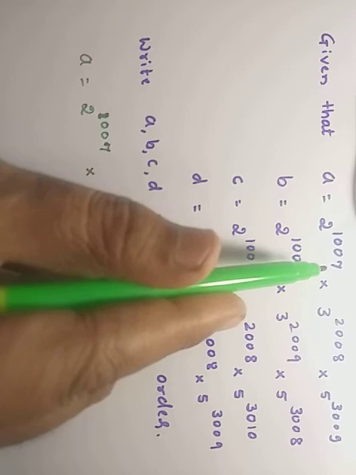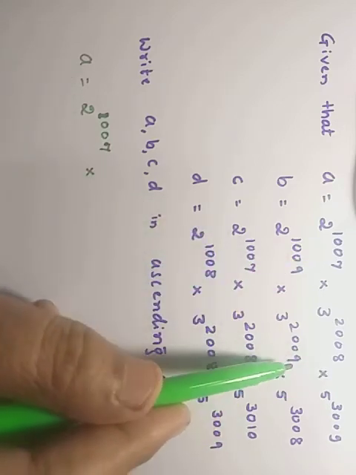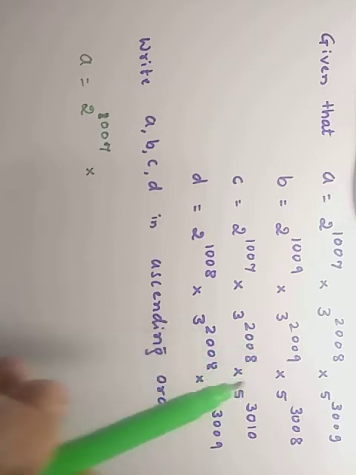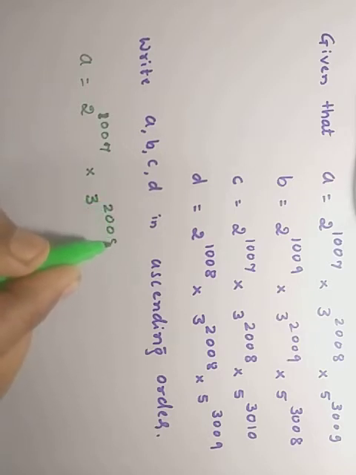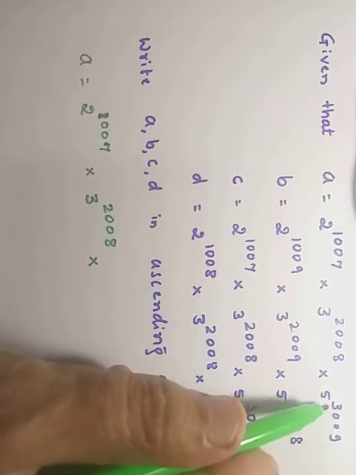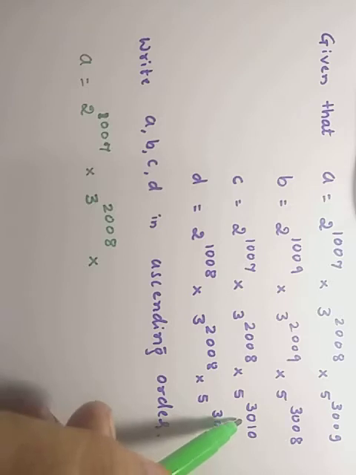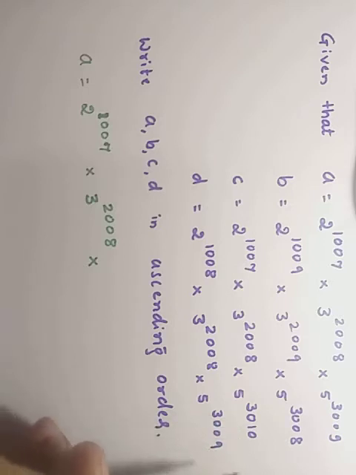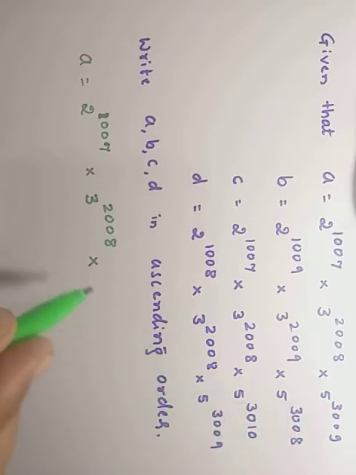Out of this 7 is least, therefore I have kept it as it is. Now 8, 9, 8 and 8, therefore 8 is the least, and therefore I write 3 to the power 2008 as it is. Whereas 5 to the power 3009, here 3008, 3010, 3009. Therefore least is 3008.